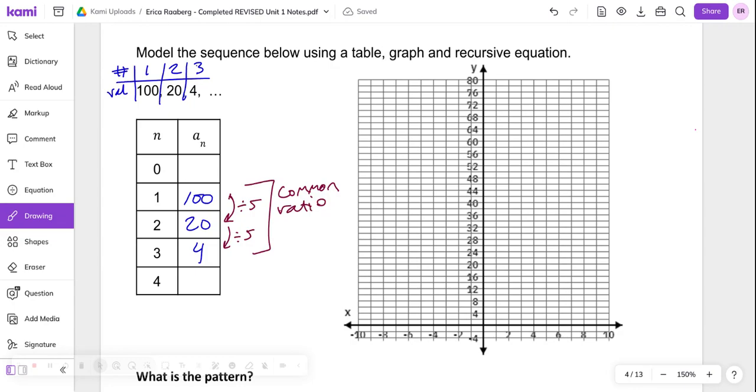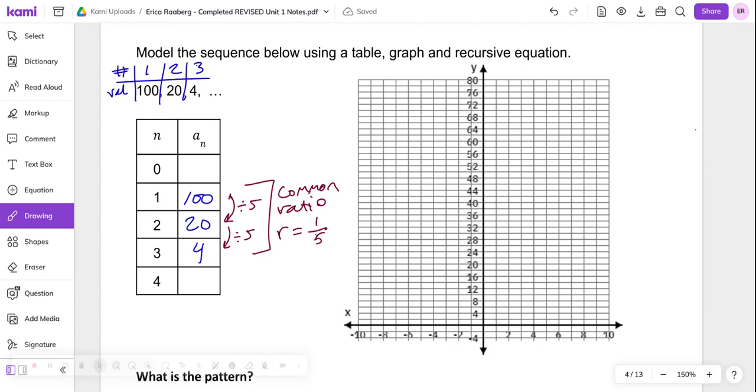And when we do that, we have to remember that dividing by an integer is the same as multiplying by a fraction, where that number that we're dividing by goes in the denominator. So my common ratio actually ends up being 1 over 5.